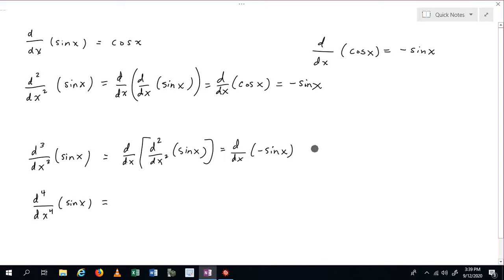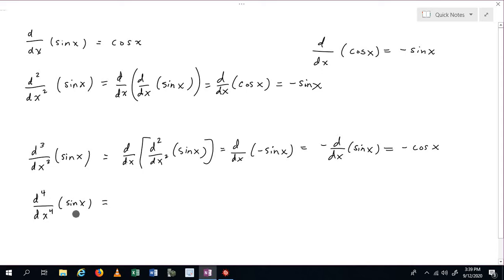Of course, you can pull this minus sign out of the derivative operator, and then the derivative of sine of x is just cosine of x. So ultimately, this is minus cosine of x. So the third derivative of sine of x is actually minus cosine of x.